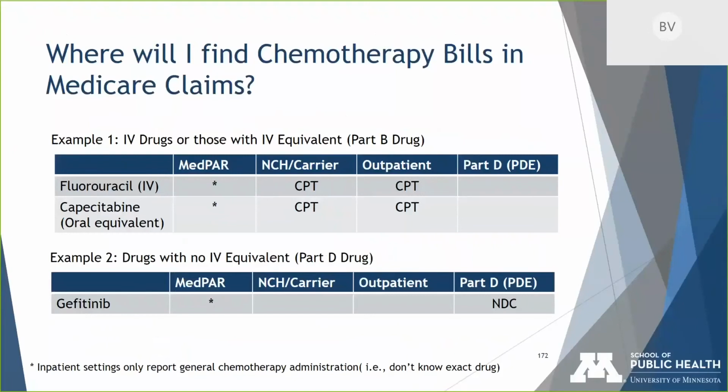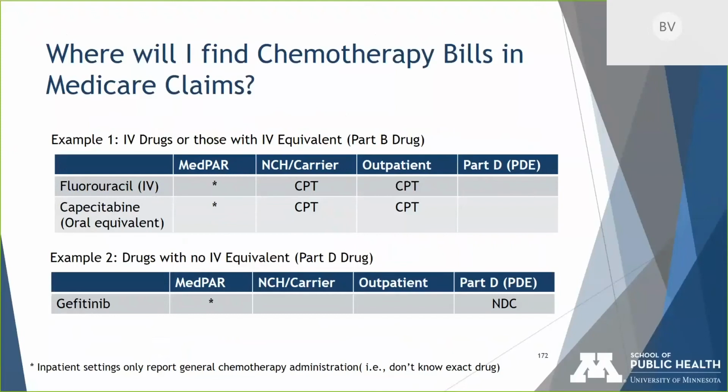Those would appear primarily in the carrier files and the outpatient files, and you would identify those using CPT codes. As I mentioned before, you would also be able to identify that they received chemotherapy within the MedPAR hospitalization files. However, they just report general codes for chemotherapy administration, and you don't know the exact drug.